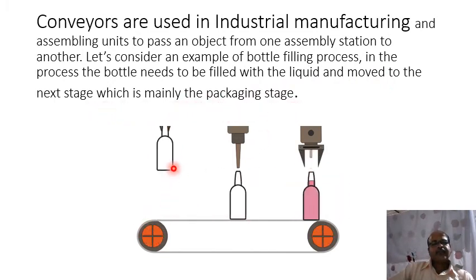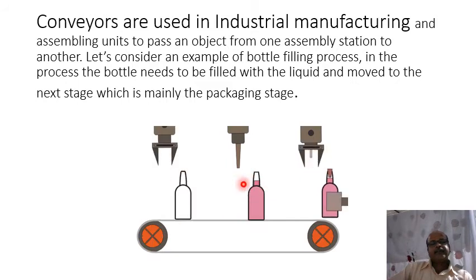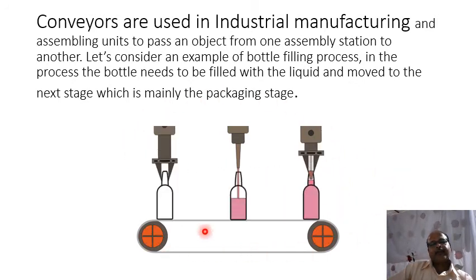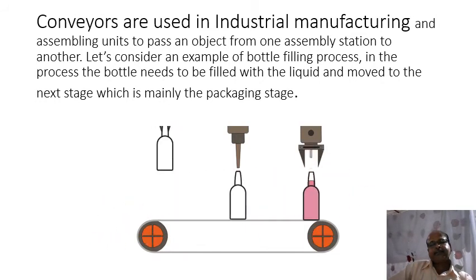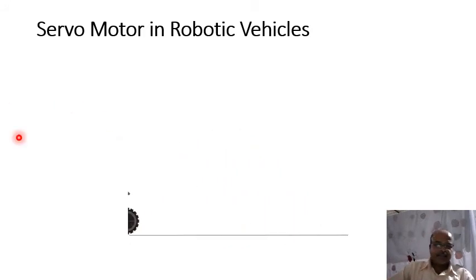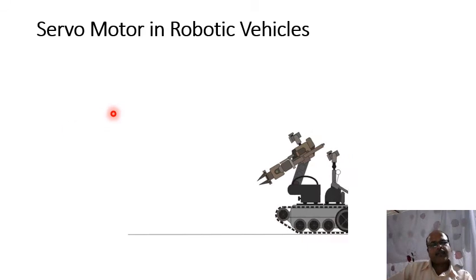As shown in this figure, bottle is placed here, then it moves and it is filled. Then next, it is packed as shown in this figure. So servo motor plays a very important role in this bottle packaging system. So industrial applications are very excellent for these servo motors.